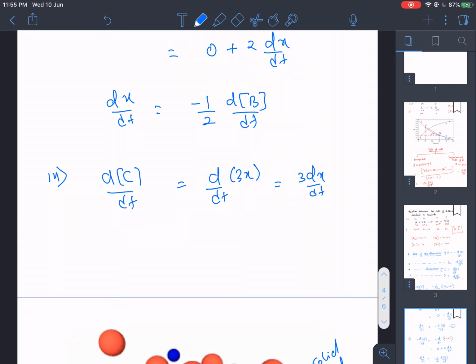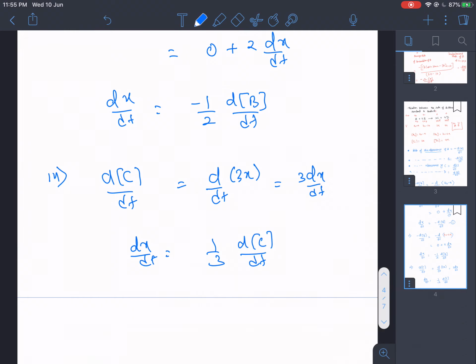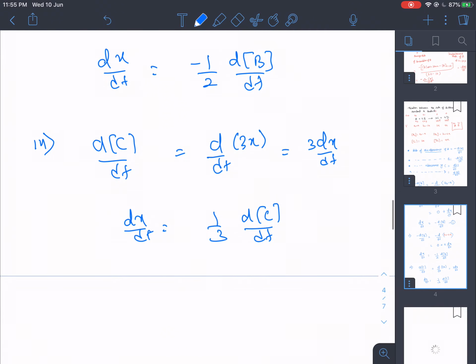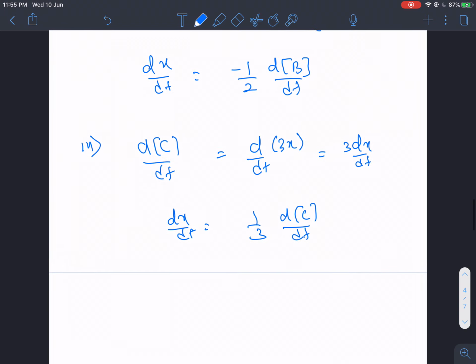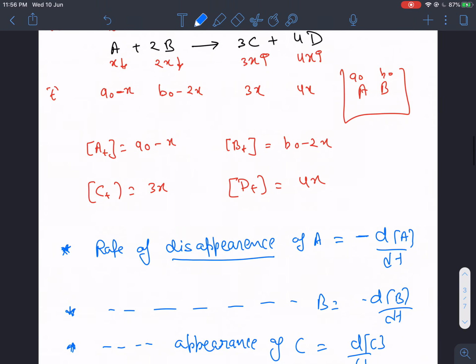So can I say that dx by dt is equal to 1 by 3 times dC by dt? Likewise, the fourth one, dD by dt, that means d by dt of, just check the concentration of D, how much it was.